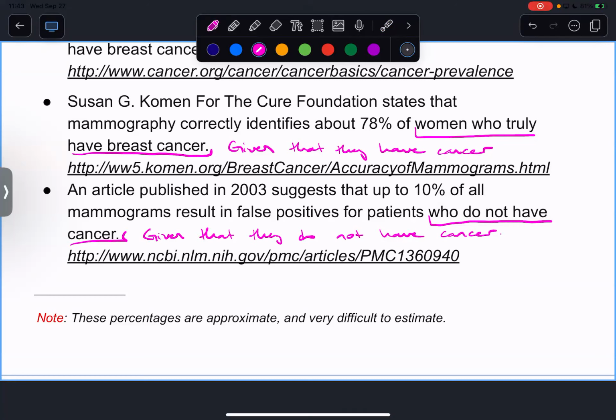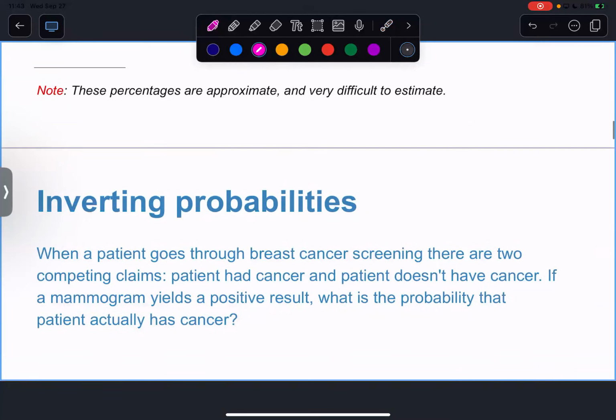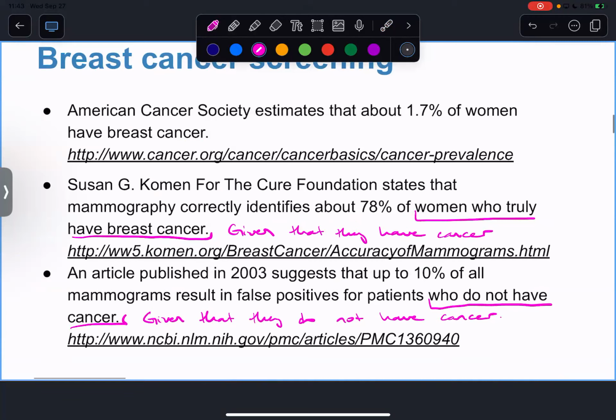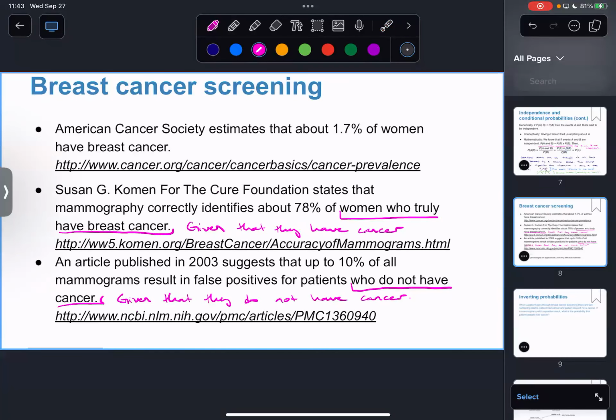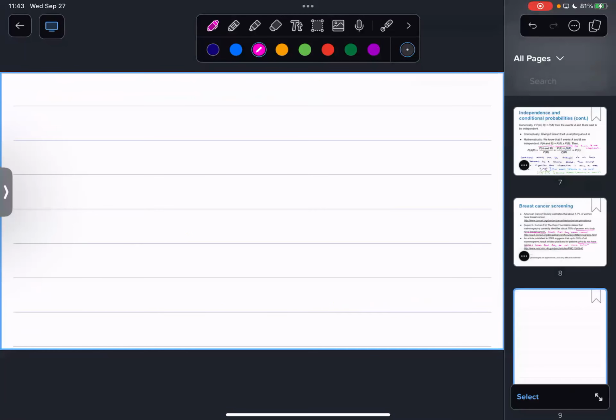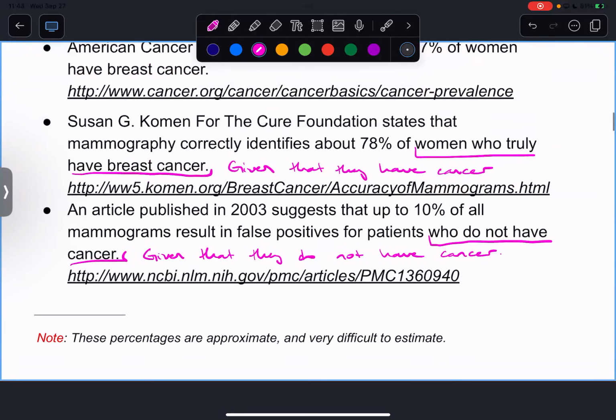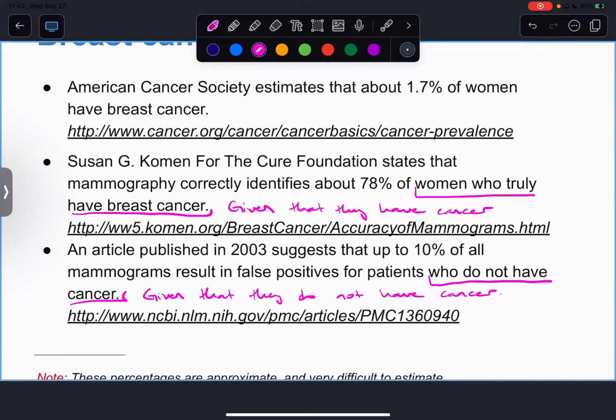Now, did I give myself room here? Let's just spend some time. I'm going to give myself another page here. And this is a lot of information, so what I want to do is just break it down and start with a tree diagram.